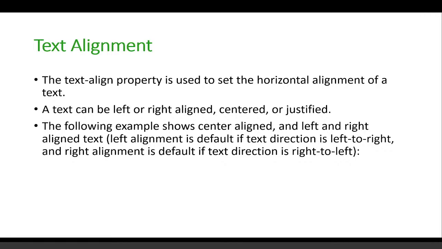One of the important things to note is that the default alignment is different based on the language that you're typing in. Because we speak English, and the English language is read from top to bottom, from left to right. But there are other languages that are read from right to left.